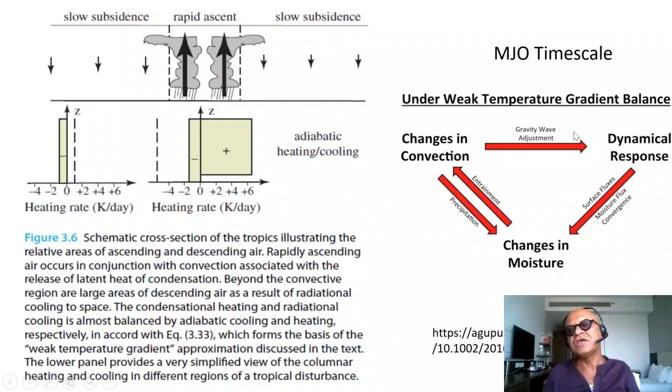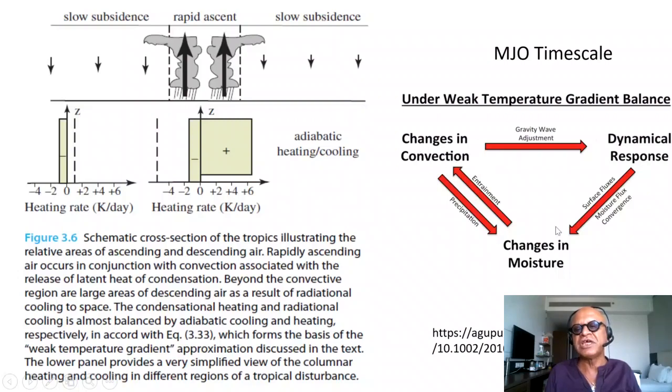This paper looks at the weak temperature gradient balance at the MJO scales, looking at changes in moisture, the dynamic response in terms of the surface fluxes, enthalpy fluxes associated with the moisture convergence, and the entrainment and precipitation processes associated with changes in convection, and a gravity wave adjustment that produces a dynamical response when convection happens.